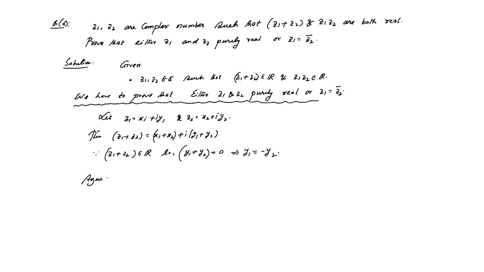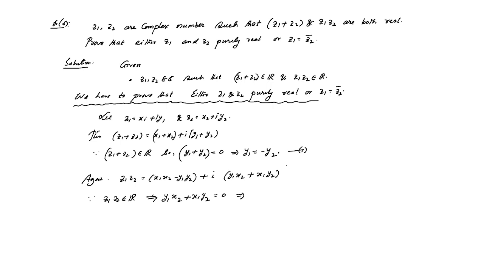Again, if we take the product of these two complex numbers Z1 Z2, it will be X1 X2 minus Y1 Y2 plus i times Y1 X2 plus X1 Y2. Since the product Z1 Z2 is a real number, the imaginary part will be 0. So Y1 X2 plus X1 Y2 equals 0. This is 1.